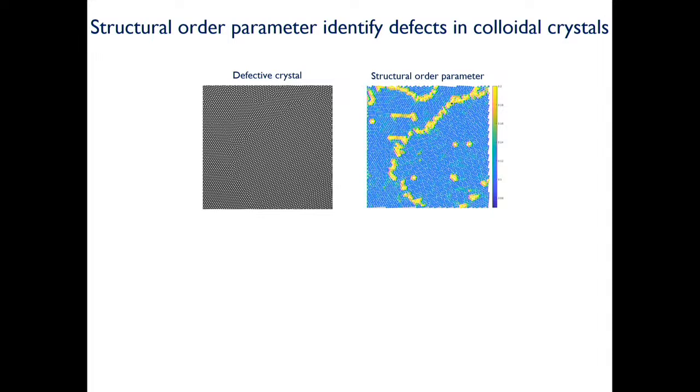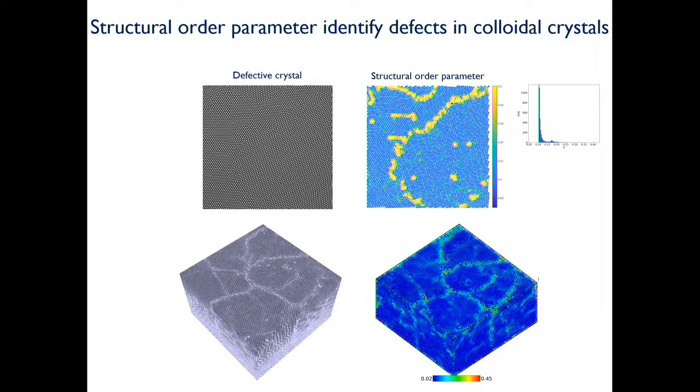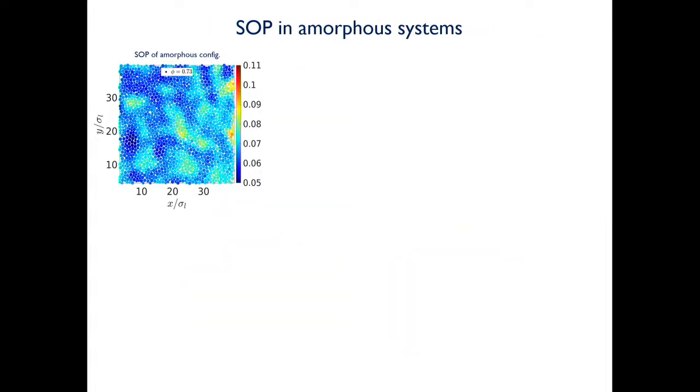It works very well for crystalline systems, and we can also do this for a 3D system, where it captures the grain boundaries very well. That was very nice. And here we take a binary mixture colloidal monolayer. It's not a 3D system, it's a monolayer, but it's bidisperse.